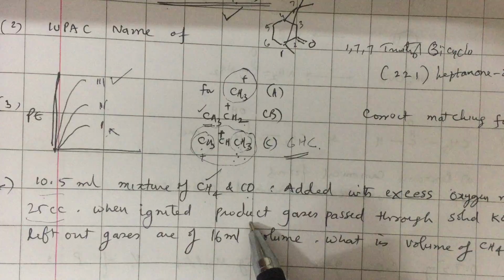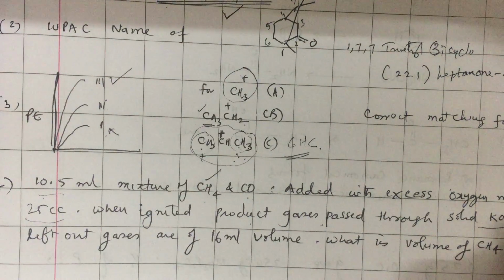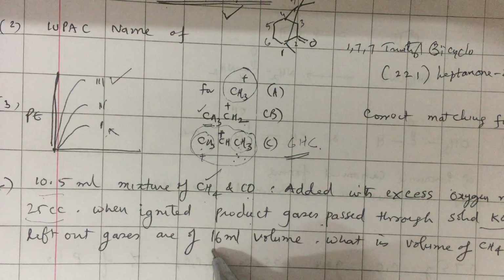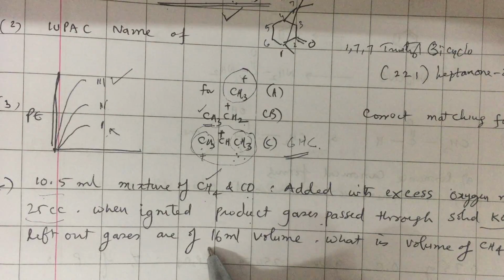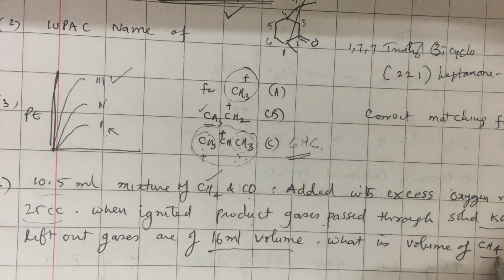When it is ignited, it produces gases. The gases were passed through solid KOH. Then the left out gases after cooling measured 16 ml volume. What is the volume of methane?